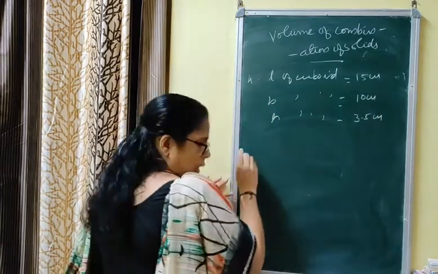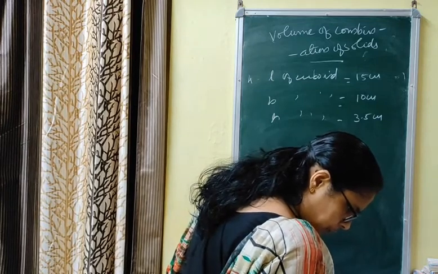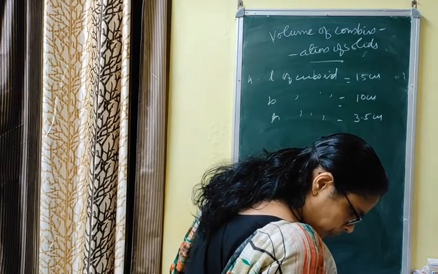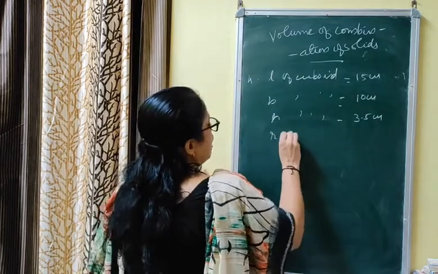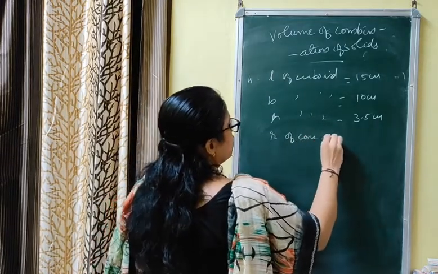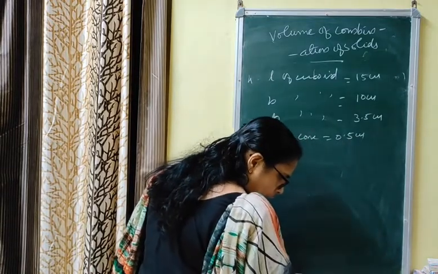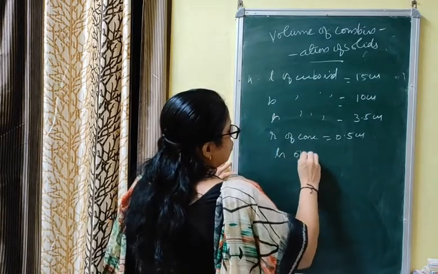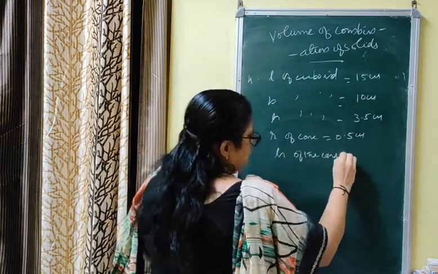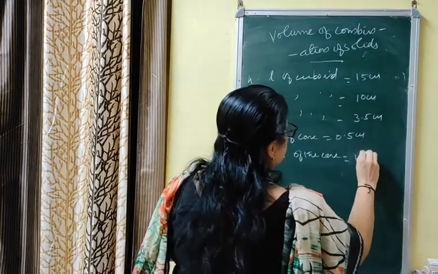Now the radius of the cone is given as R of cone is equal to 0.5 centimeter. Now the height of the cone is given as, let me check, 1.4 centimeter.